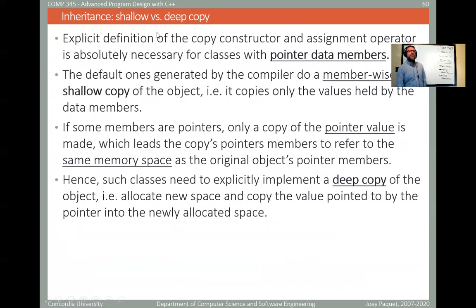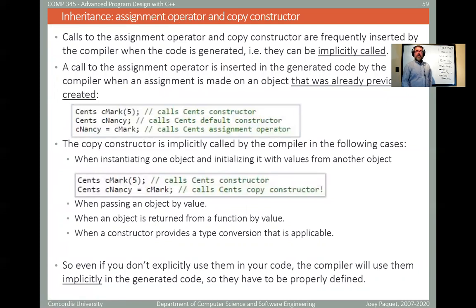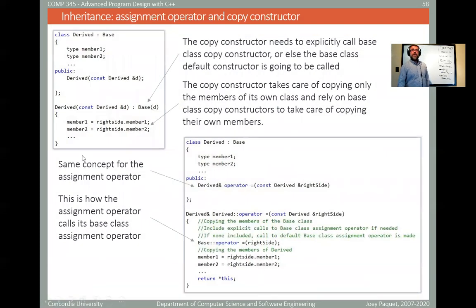So that brings the notion of a shallow copy versus a deep copy. Essentially what I was describing before, when the copy constructor is implemented here, is that I'm doing a shallow copy of the value that is contained by every member.